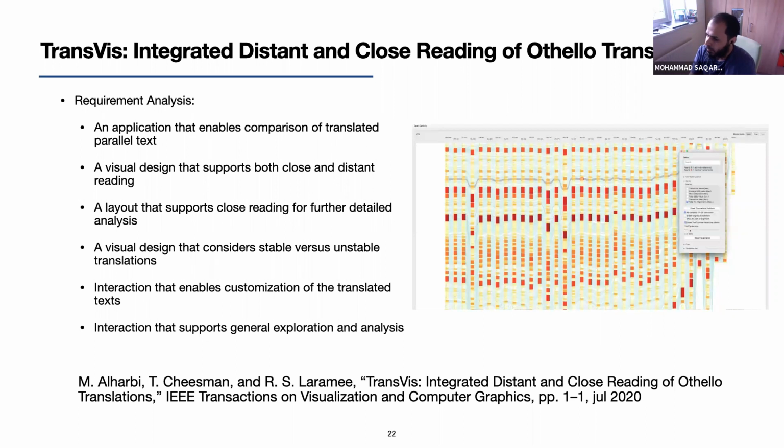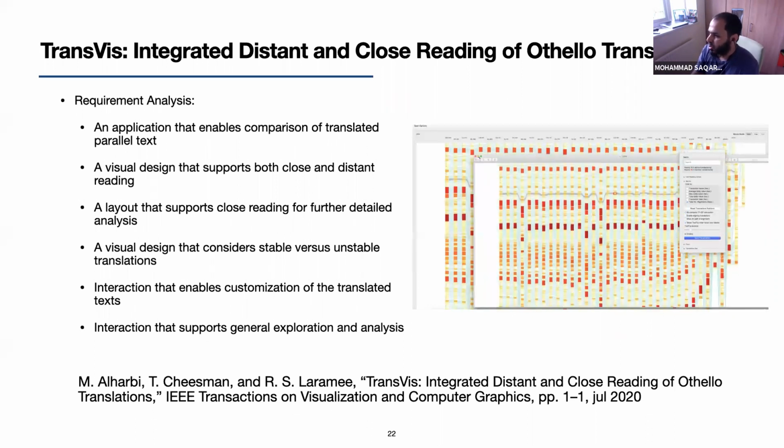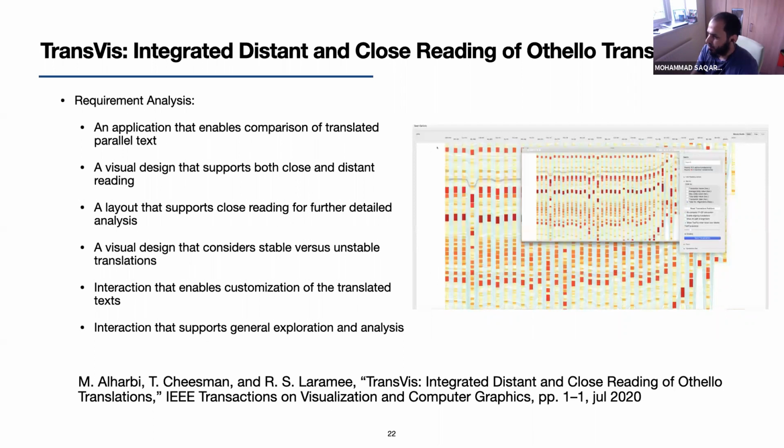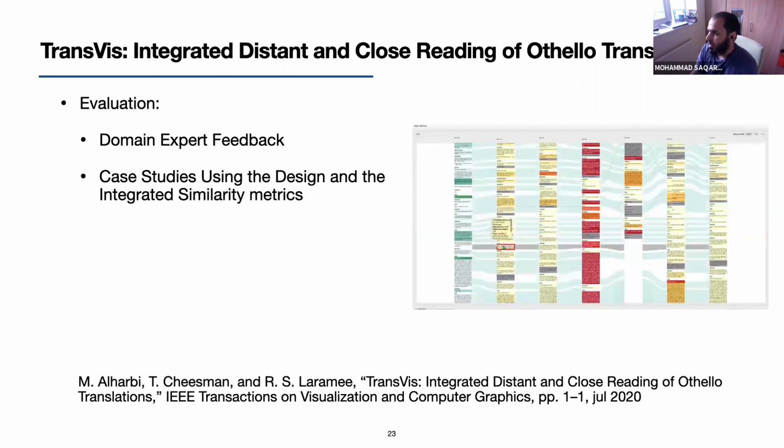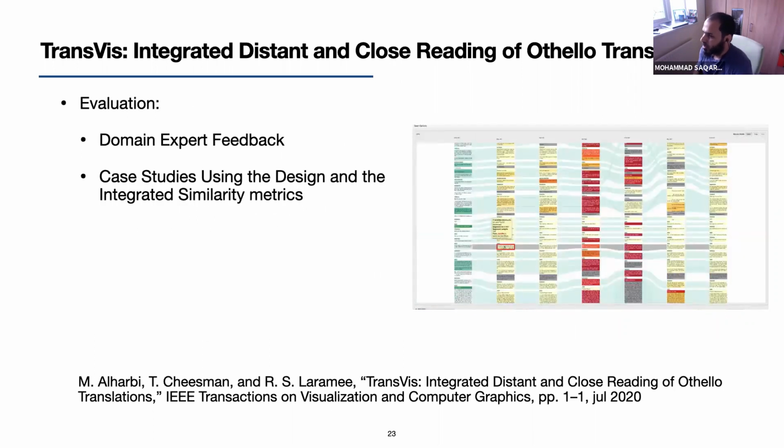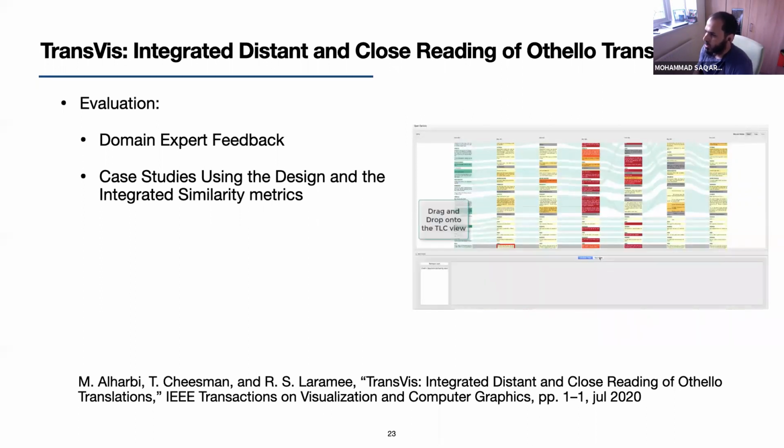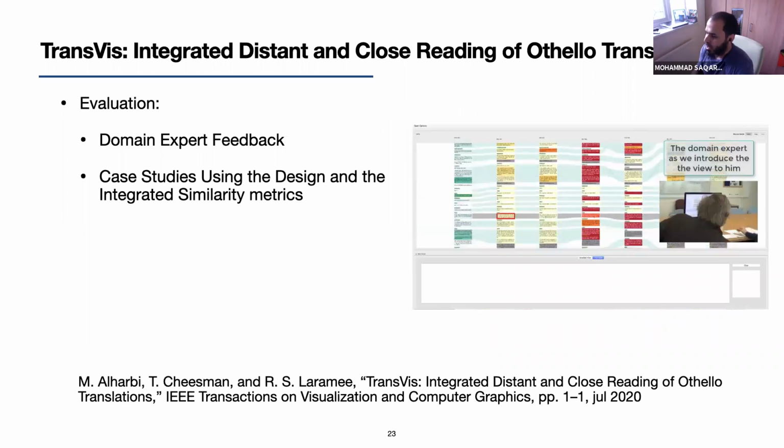Also, a design that implements interaction that enables customization of the translated text, and interaction that supports general exploration and analysis. This work was generally evaluated by domain expert feedback and a case study using the design and the integrated similarity metrics.